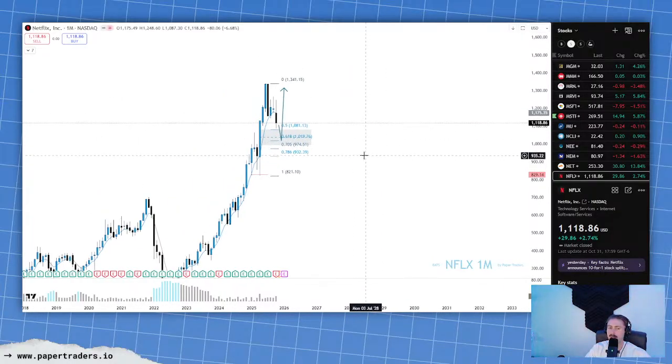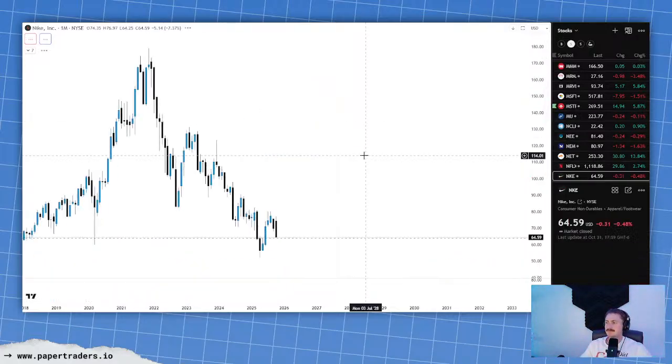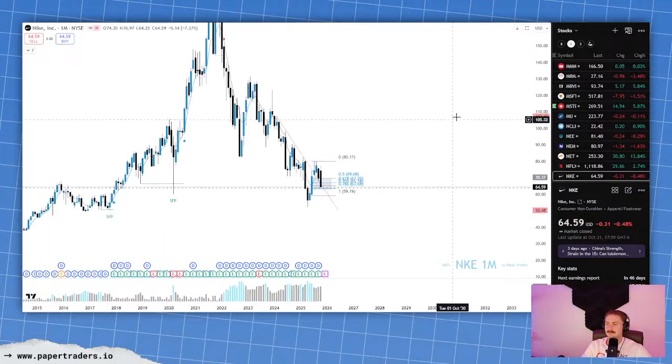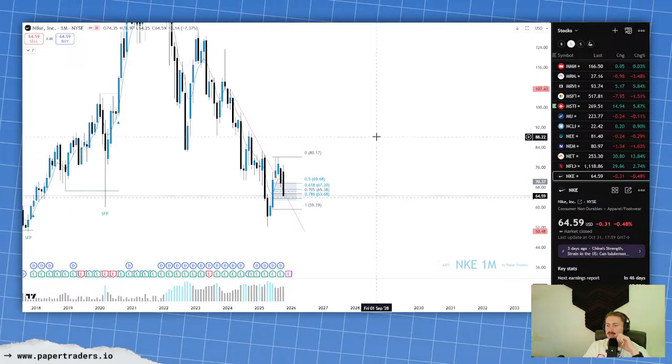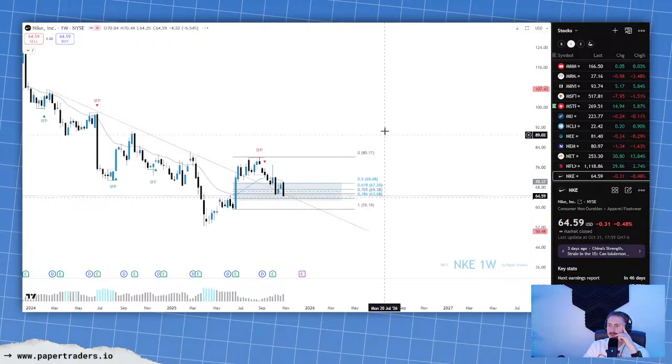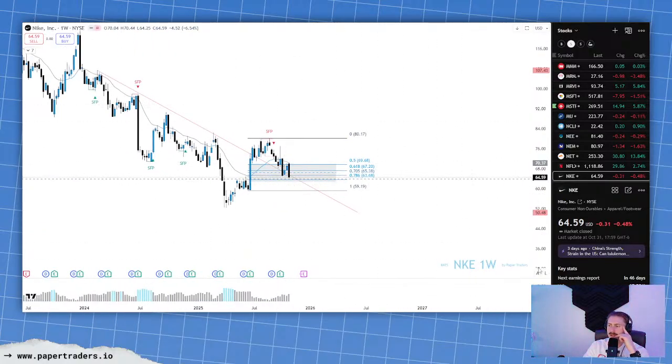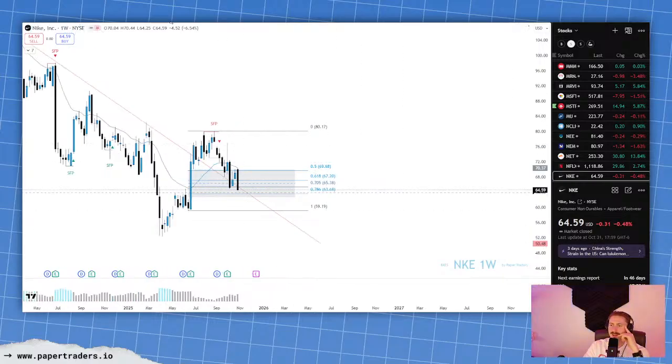Netflix. Continuation down. Yeah, I want that. Nike looks horrible. I mean, we're retesting this breakout almost on that weekly, right? Got that solid falling 3 to the downside on it.